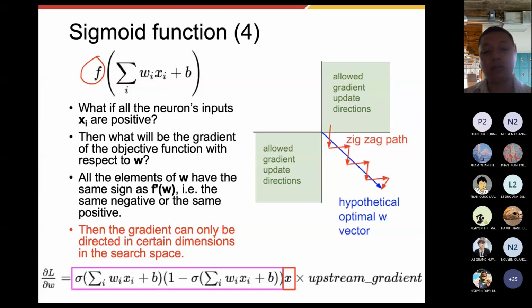Do you have the answer for this question? If all the neuron inputs xi are positive, then how about the gradient of the objective function with respect to w? Do you have the answer for this?